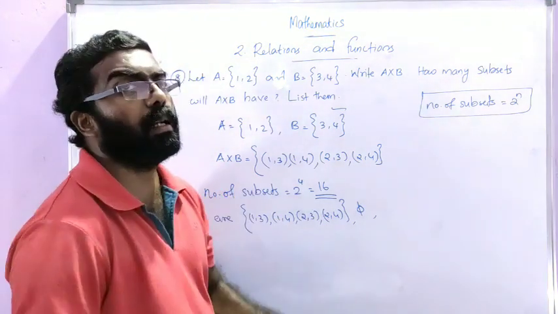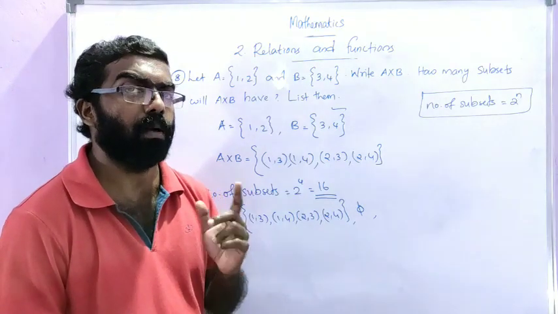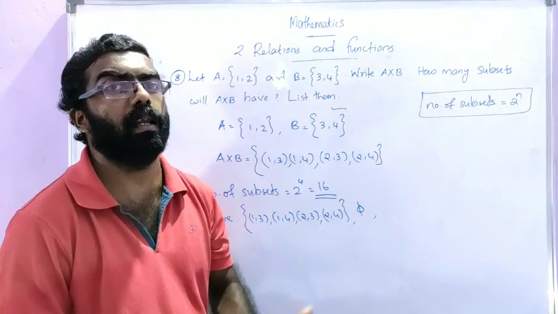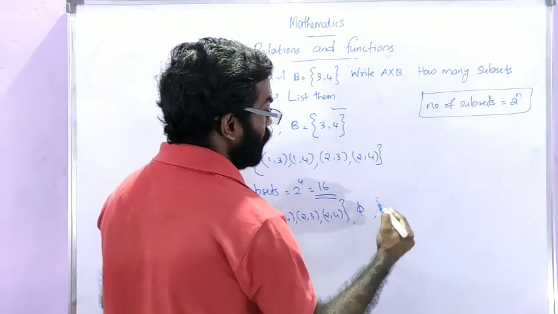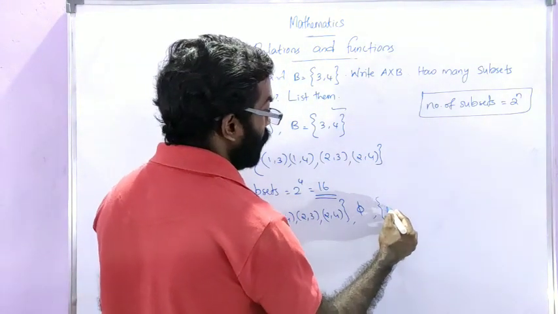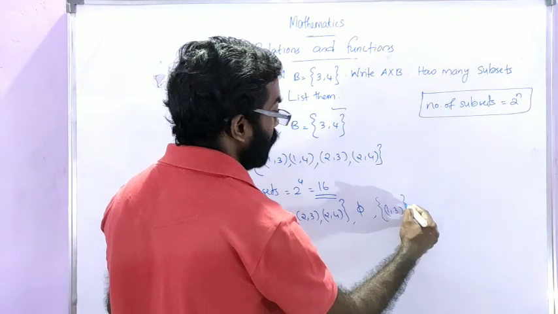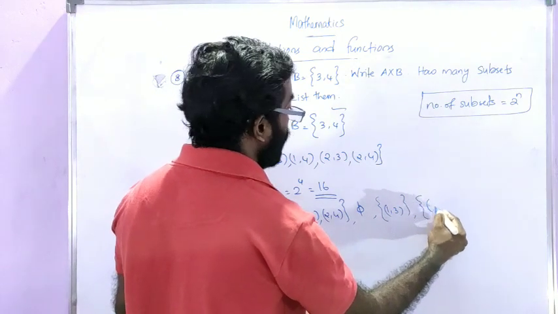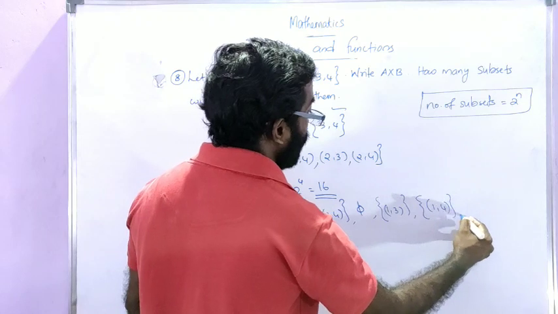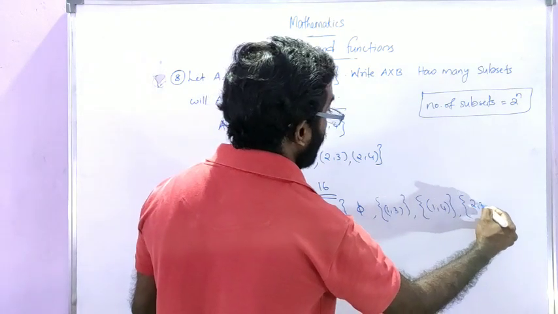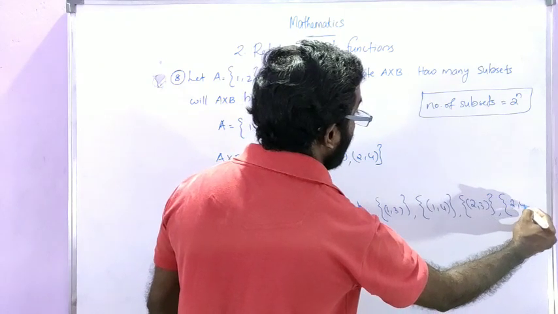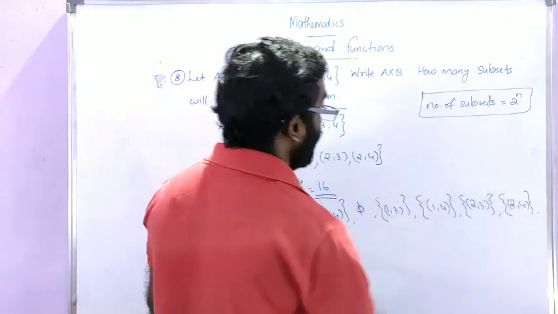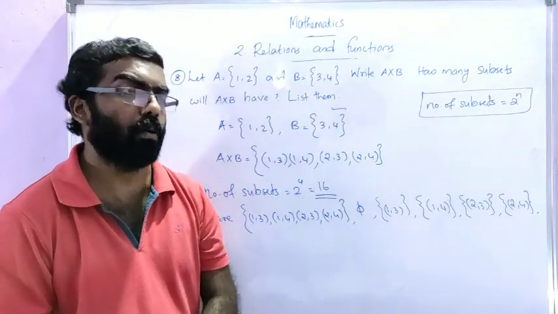Now we can write the subsets which consist of 1 element, 2 elements and 3 elements. First I am going to write the sets which consist of 1 element. So {(1,3)}, then {(1,4)}, then {(2,3)}, then {(2,4)}. So the sets with one element are over.